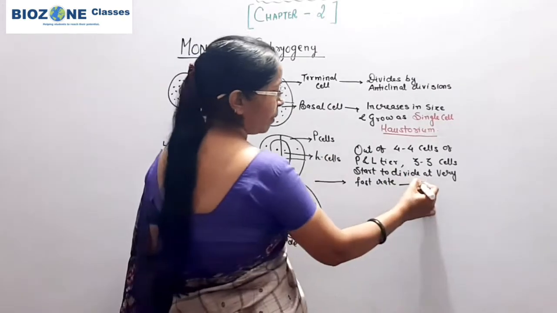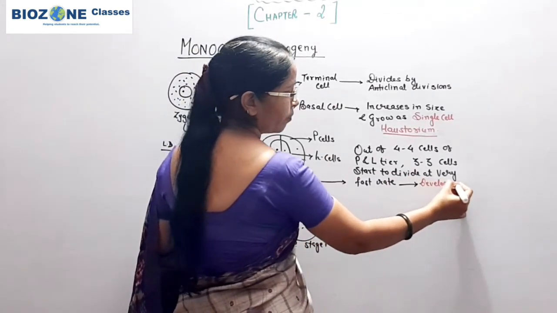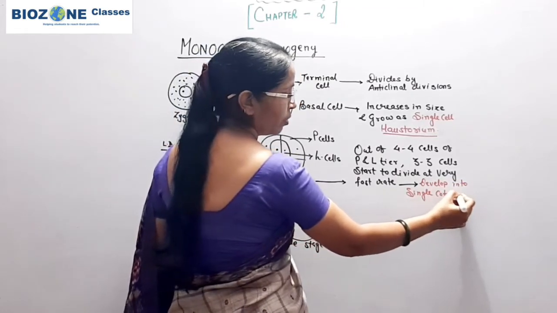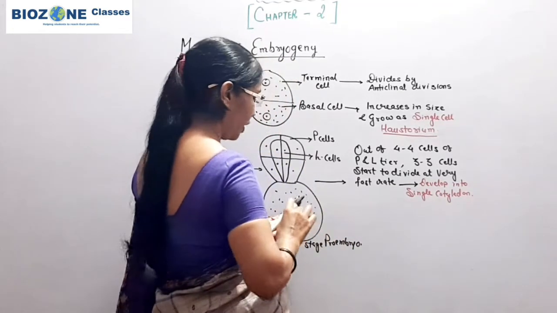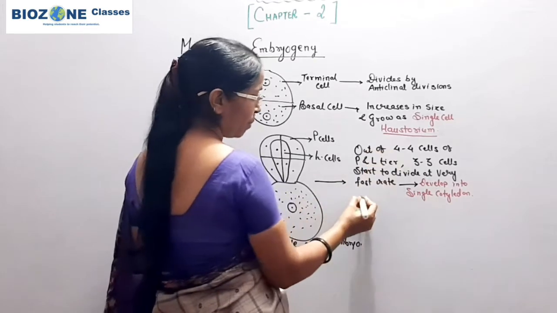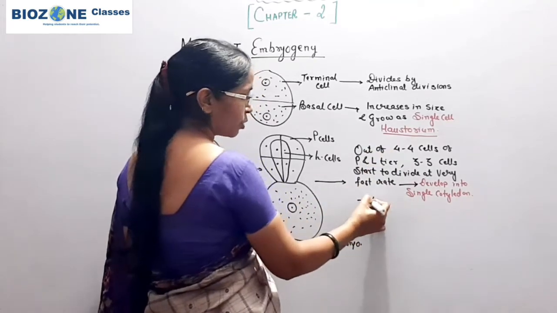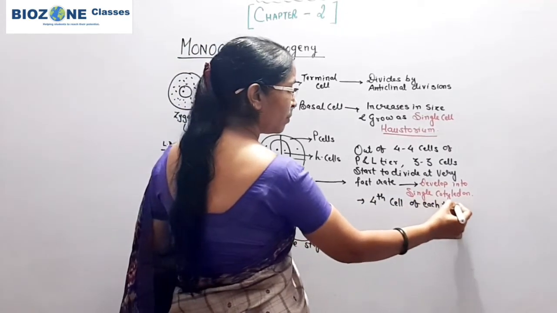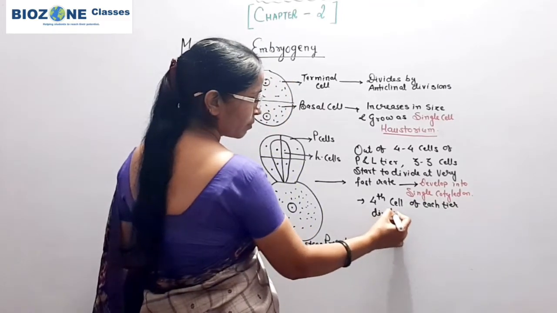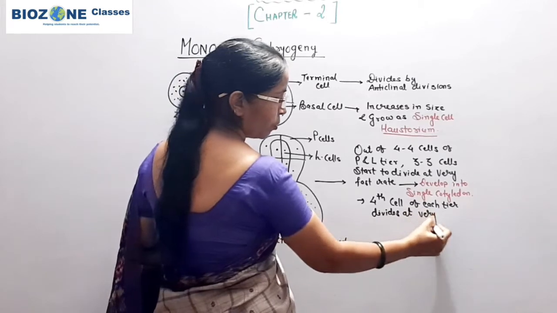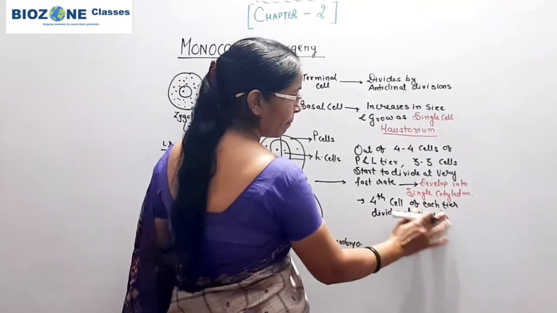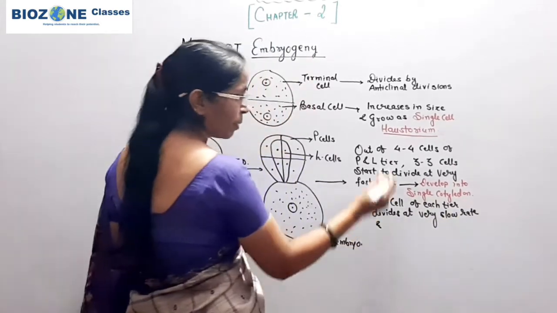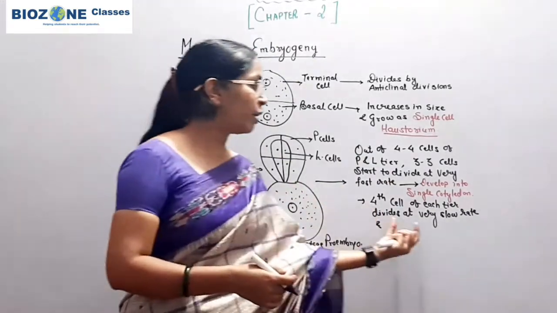These fast-growing cells will develop into the single cotyledon, whereas the slow-growing cells, the 4th cell of the P tier and the 4th cell of the L tier, divide at a very slow rate.